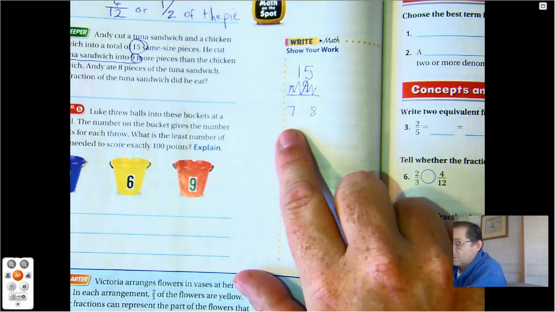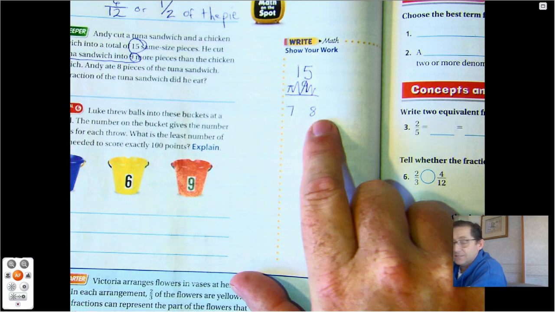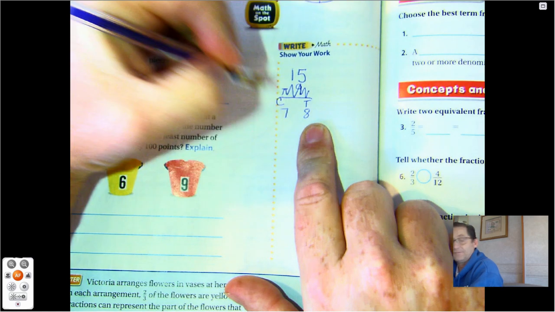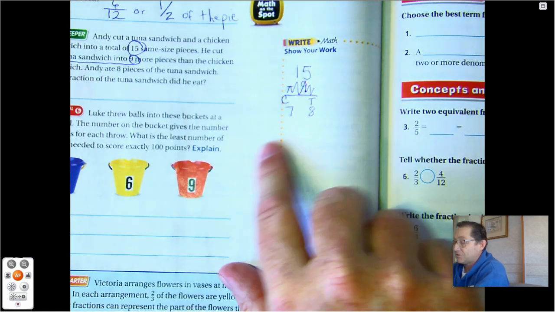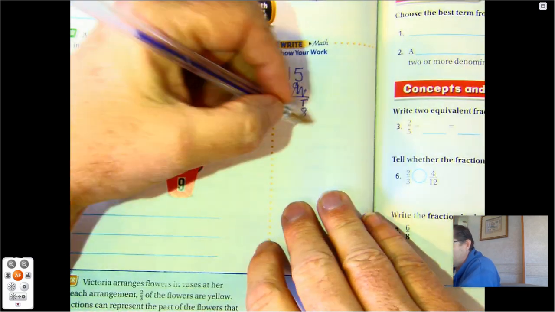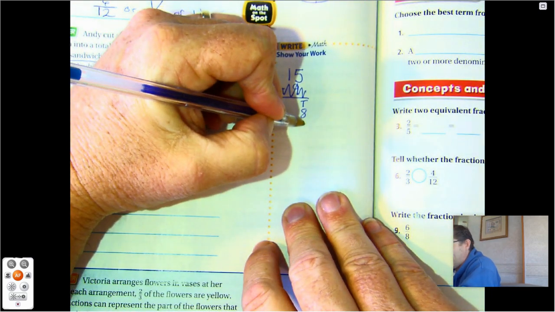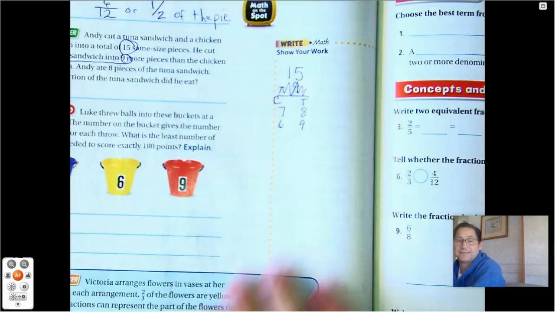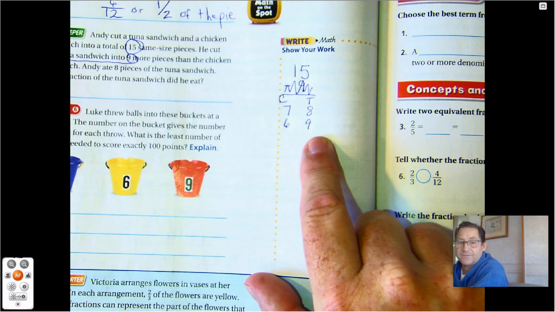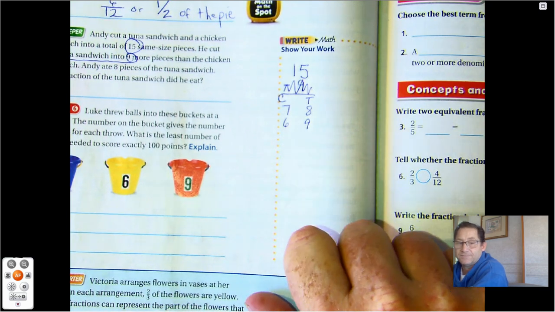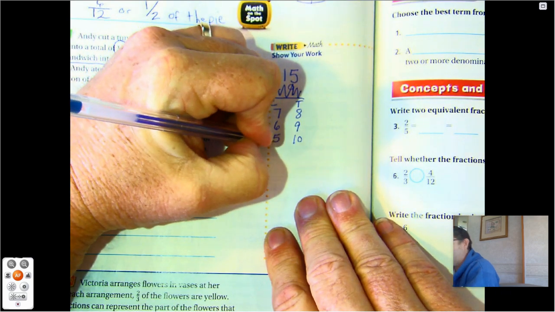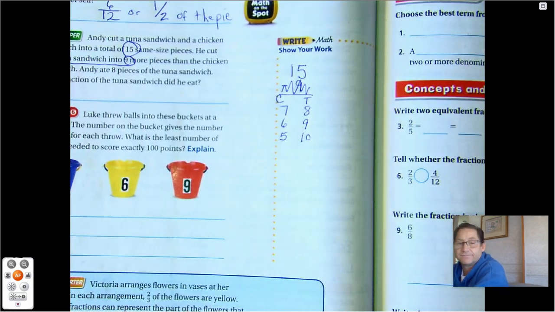So I'm going to put tuna there and chicken here. Okay, this is not true because that's only 1 greater, right? So that's not possible. So how about 9 and 6? Well, that again is 15, but that's only a difference of 3 for the tuna fish sandwich. All right, so let's make it 10 pieces and 5 for the chicken. Oh, that's a difference of 5. So we're close. We're getting there.